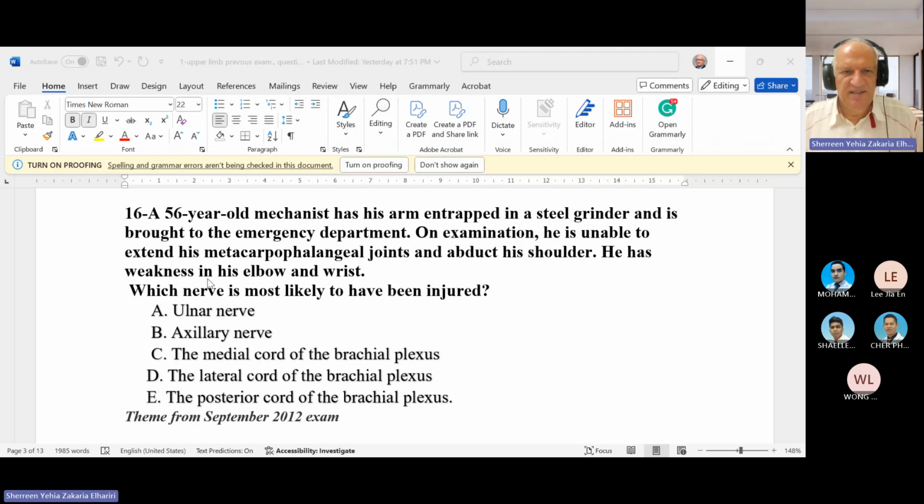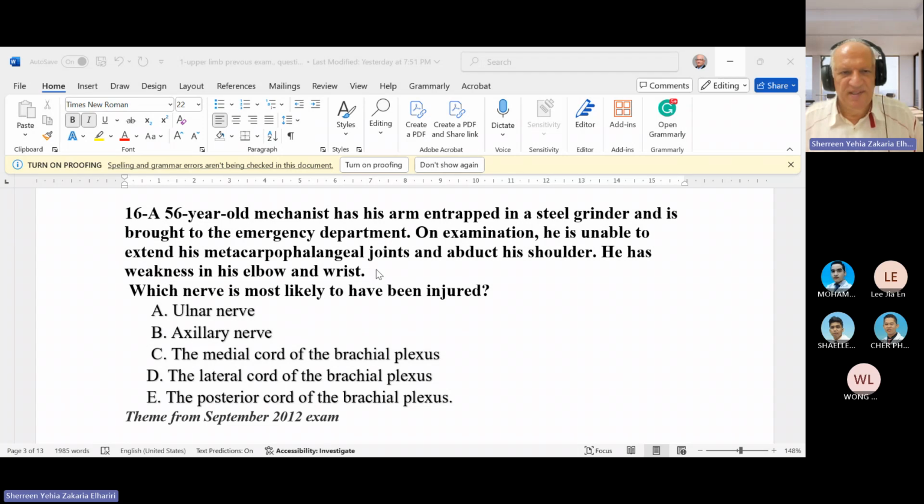He has weakness in the elbow and wrist. Which nerve is most likely injured? So in this situation, we have a combination. Unable to extend, so the extensors are affected. Abduction of the shoulder, and weakness of the elbow and the wrist.